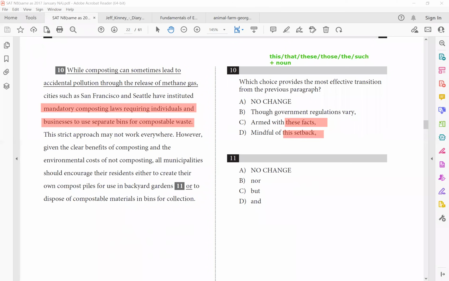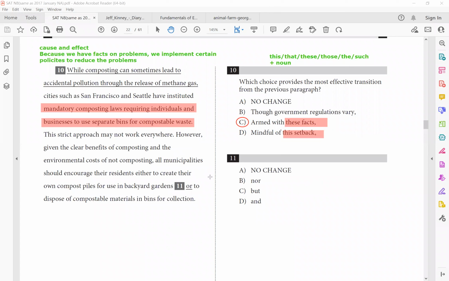So do you see how this is a cause and effect relationship? Because we have facts on problems. That is why we implement certain policies to reduce the problems. Pardon me for the typo. Okay, so that is why we should choose C.